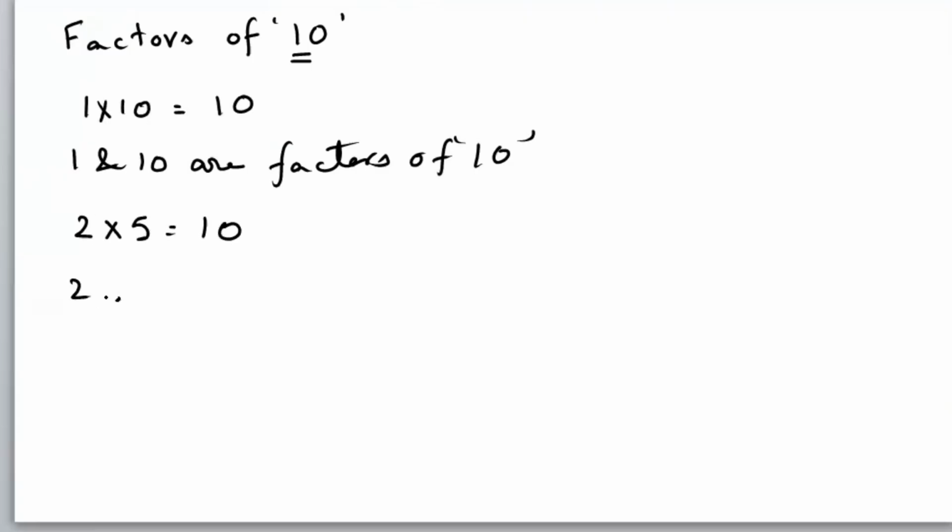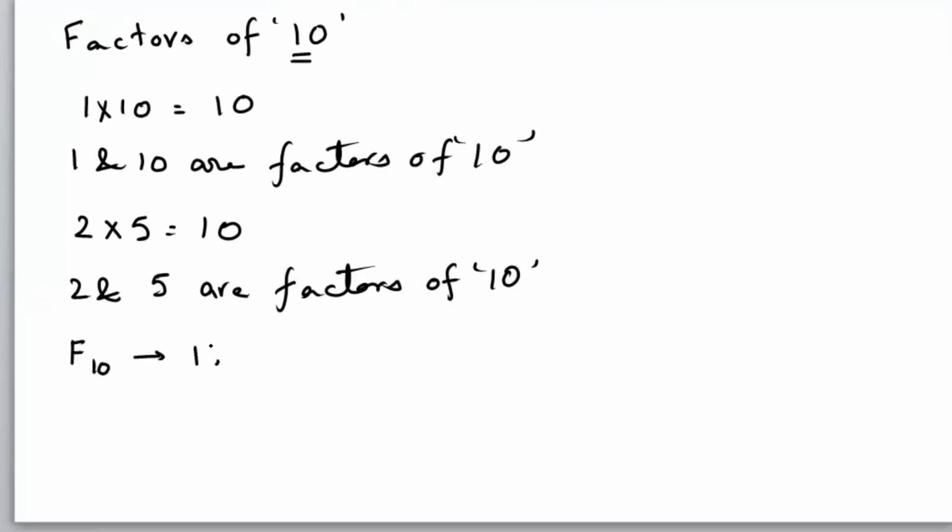So 2 and 5 are also the factors of 10. So how many factors did we get?